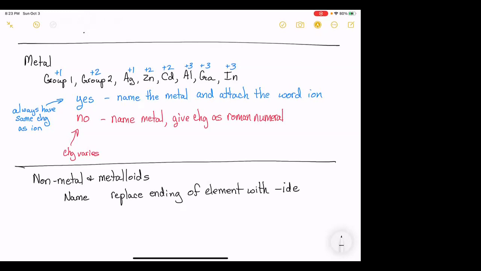Oxygen is the neutral atom of oxygen, whereas oxide would be the negative ion of oxygen, which is a -2 charge. So basically we replace the endings with IDE.